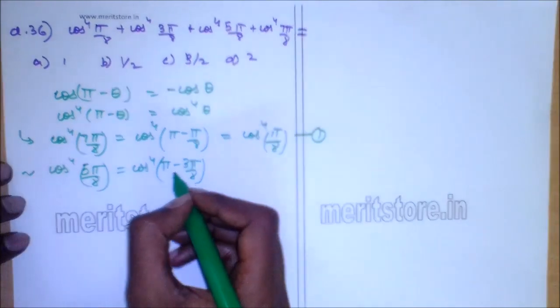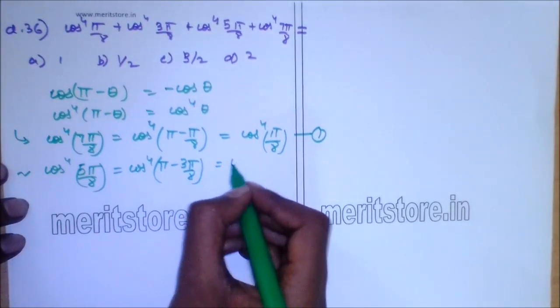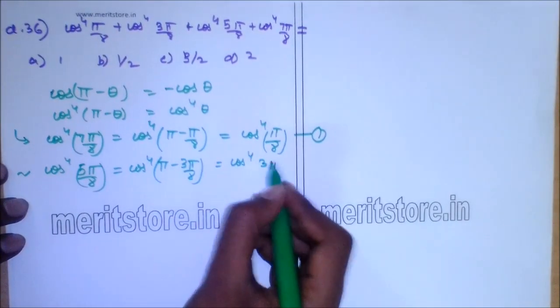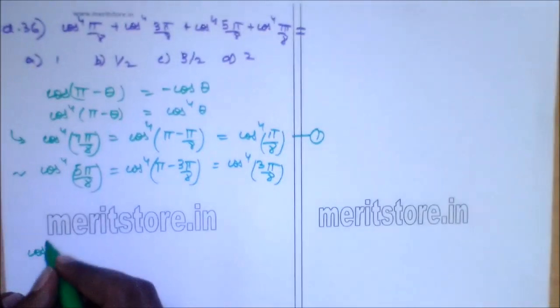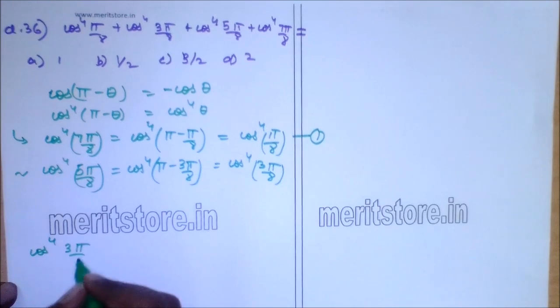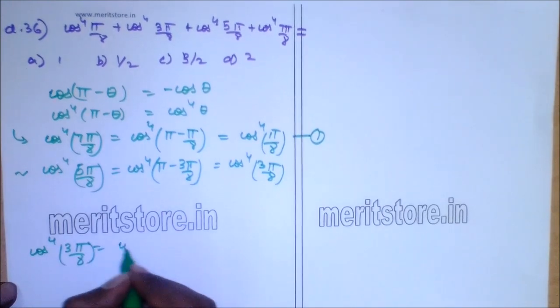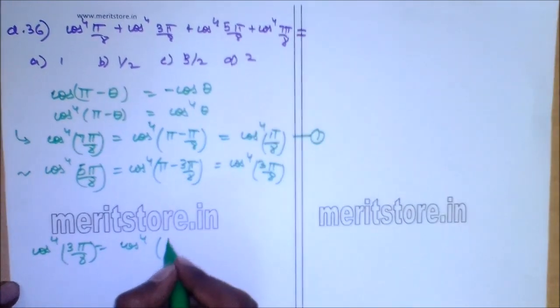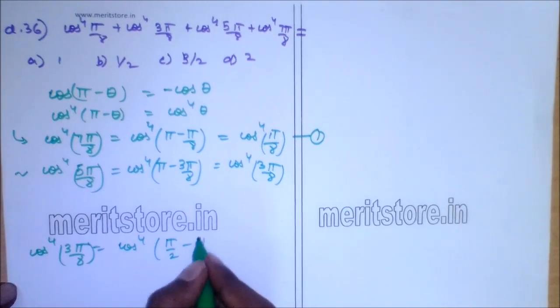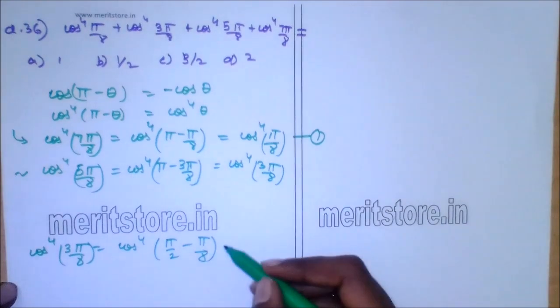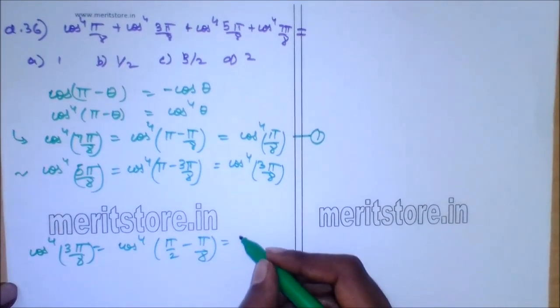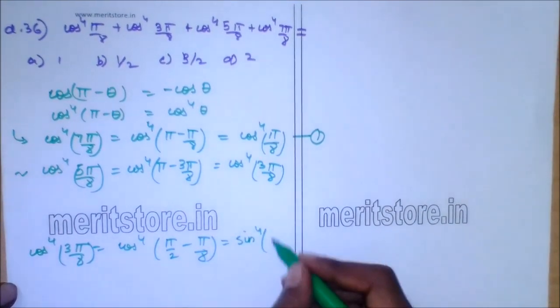So cos raised to 4 of pi minus 3 pi by 8 is the same as cos raised to 4 of 3 pi by 8. However, we can write cos raised to 4 of 3 pi by 8 as cos raised to 4 of pi by 2 minus pi by 8. So cos of pi by 2 minus theta is sin theta. So this is sin raised to 4 pi by 8.